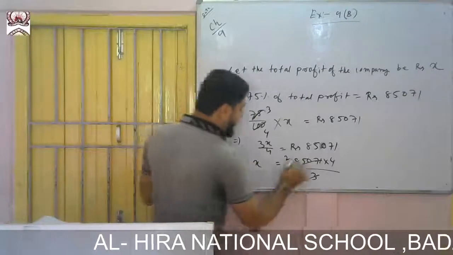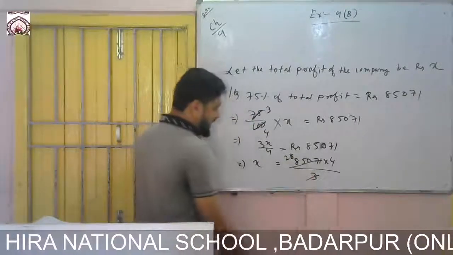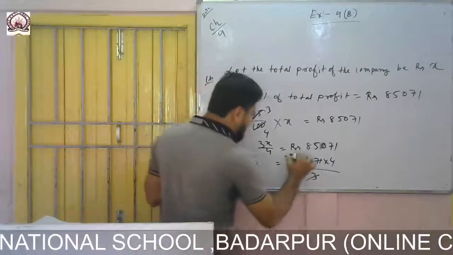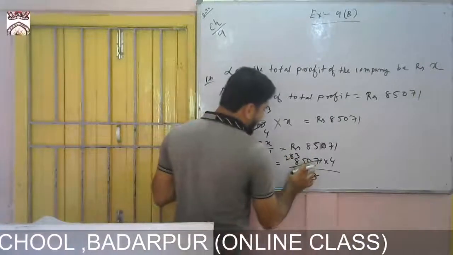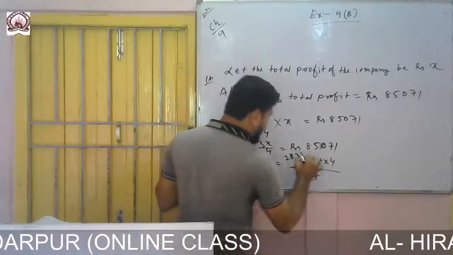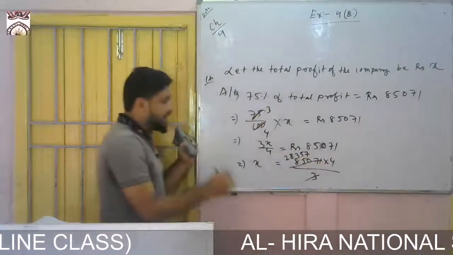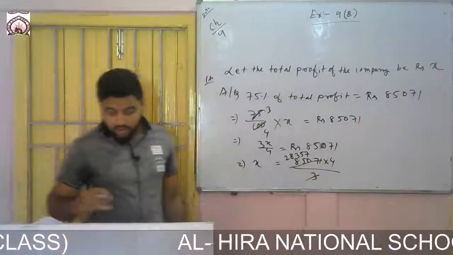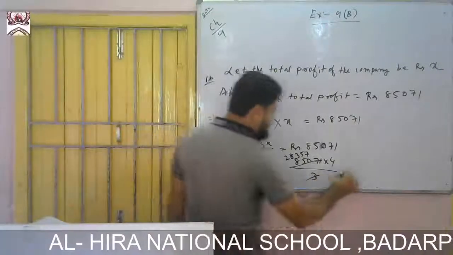So 25. 3 8s are 24, remain 1. 10. 3 3s are 9, remain 1. Here 17. 3 5s are 15, remain 2. 3 7s are 21. 28357. So come from there, you come here.